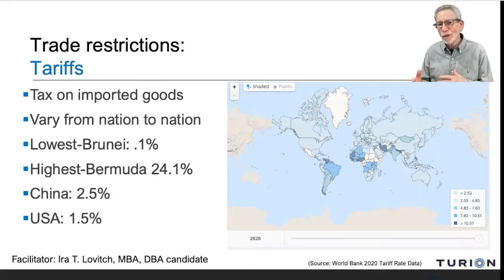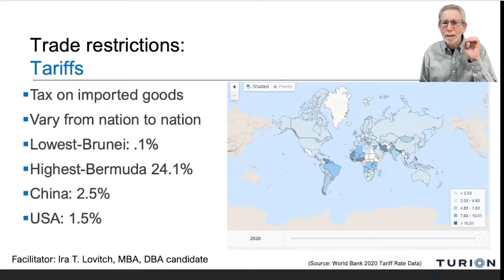Are they polyester? Are they a cotton polyester blend? It's very granular, too much for this particular video or even this introductory course to macroeconomics. But I did want to mention that the U.S. Trade website has a very, very specific way of looking up what the tariffs are. So even though we see 1.5% on the slide, that is an average for all goods across the board.